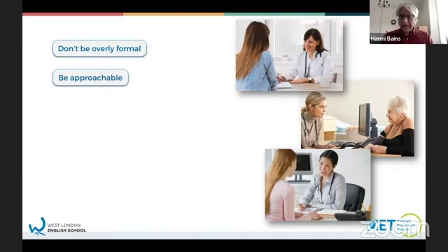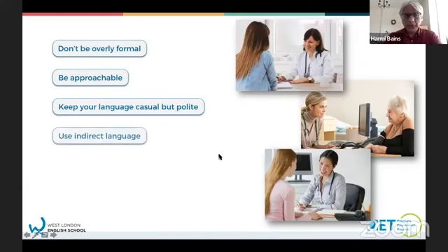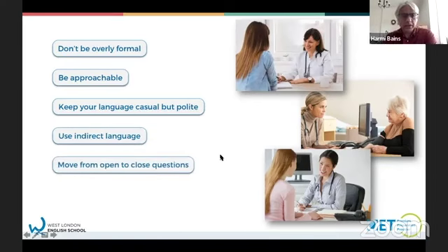You want the atmosphere to be nice, and if the patient has any questions, they should be able to just ask you quite comfortably. And as I said before, you need to keep your language casual, but do keep it polite. We've talked about indirect language and indirect questions, and moving from open to closed questions.